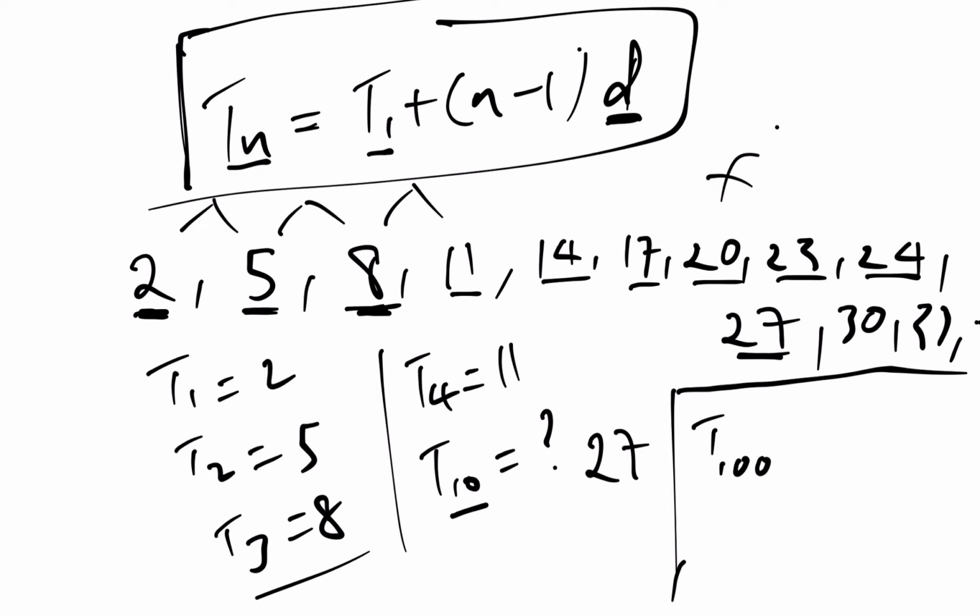The common difference is the difference between the consecutive numbers. So in our case here, the common difference is 3, positive 3, because to reach 5 from 2, we say 2 plus 3, and you get 5.